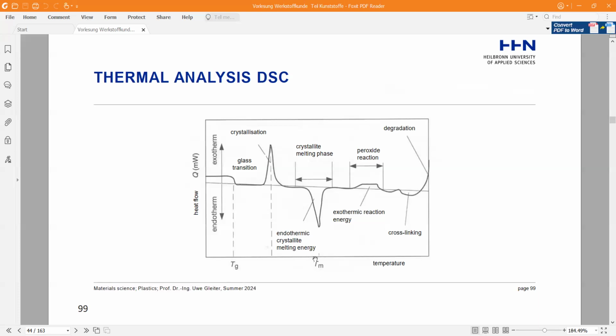So at temperature point Tm, and the area here is called crystalline melting phase. During the interval of peroxide reaction, we have exothermic reaction energy and cross-linking here, and then degradation.